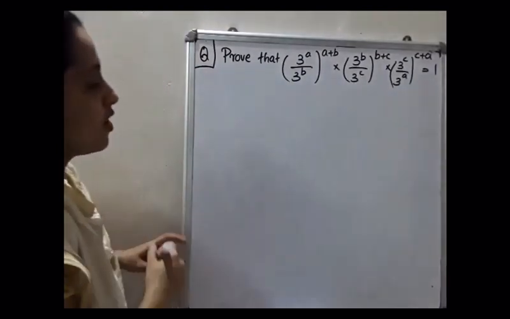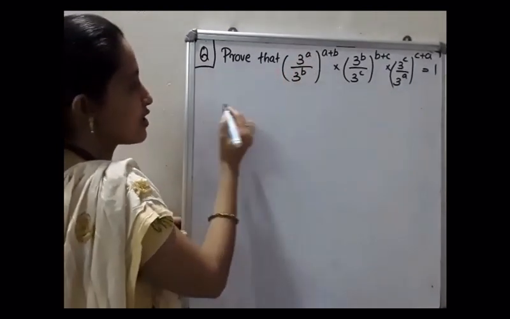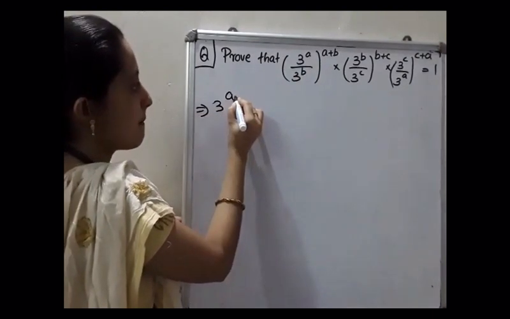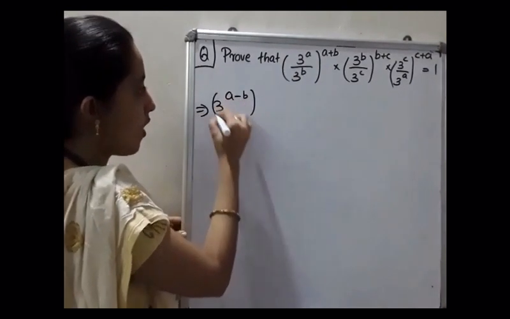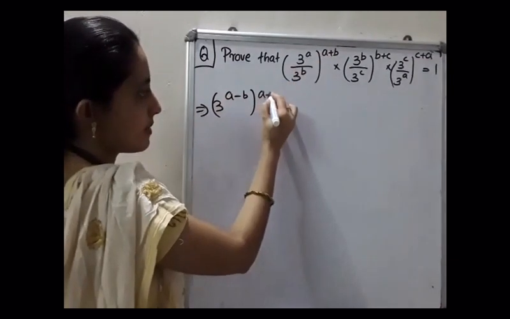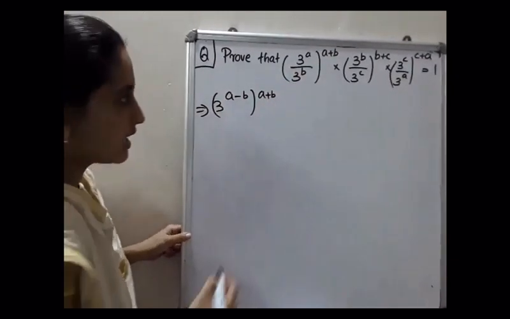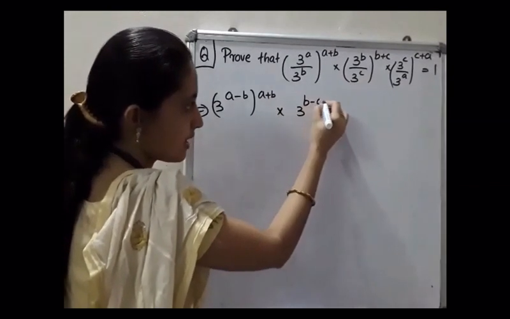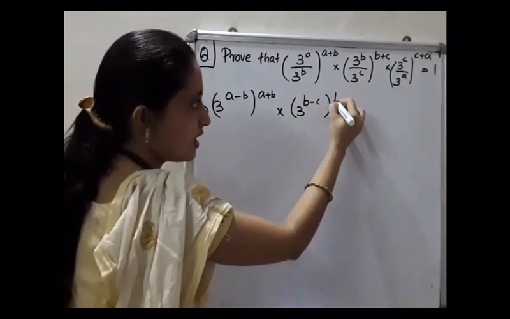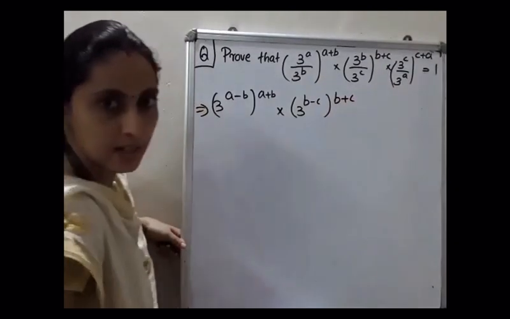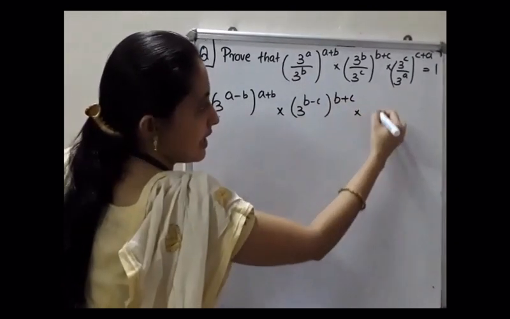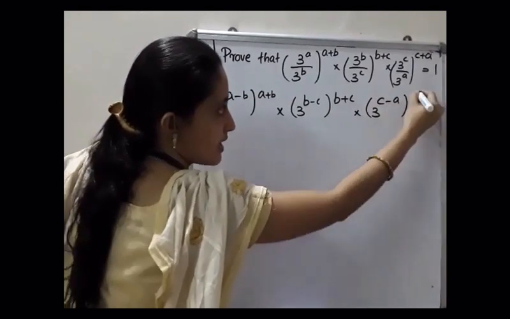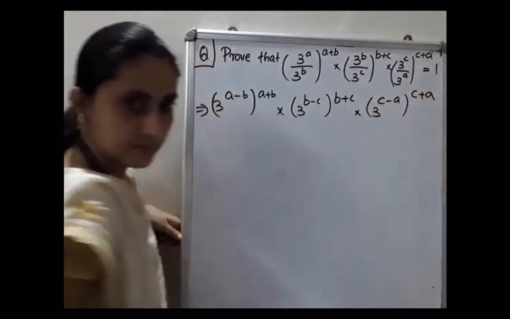So 3 raised to a by 3 raised to b is 3 raised to a minus b, the whole raised to a plus b. That into 3 raised to b minus c, the whole raised to b plus c. Then into 3 raised to c minus a, the whole raised to c plus a.